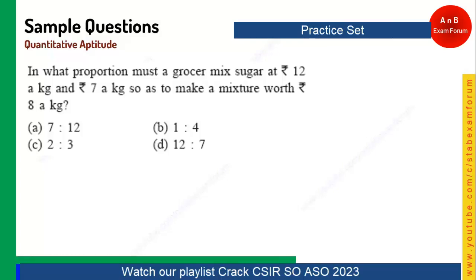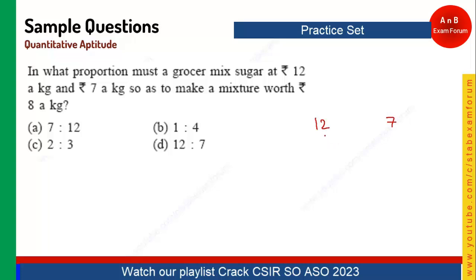A similar type of question has come in the STA B exam, I guess. It is based on alligation, a very simple concept. If you don't know, I suggest you see these alligation questions. There is a sugar of 12 rupees per kg and a sugar of 7 rupees per kg.